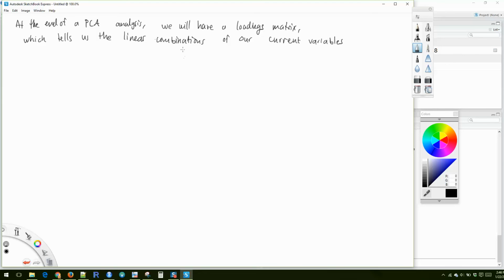It's kind of like the recipes of our current variables that we should use to make our principal components.